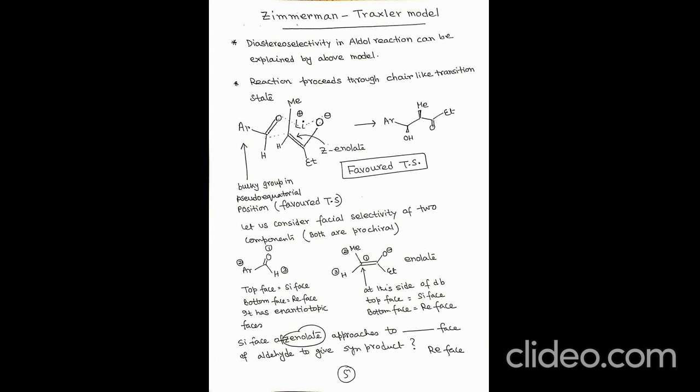The way we have written our aldehyde, the top phase is the psi phase and definitely the bottom phase will be the re phase. So it has enantiotopic phases, as I have already told you.